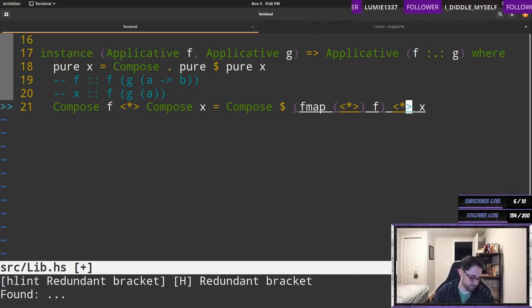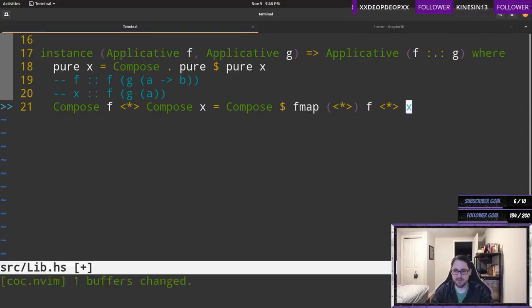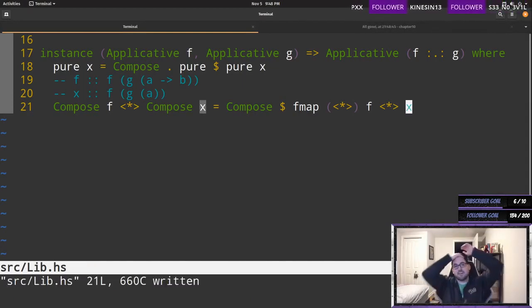I'm close. Wait, isn't this right? It is right. It says a redundant bracket. Nice. I had it. I was like, that looks right.